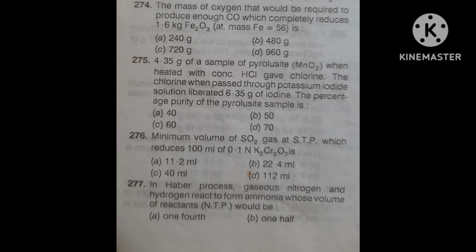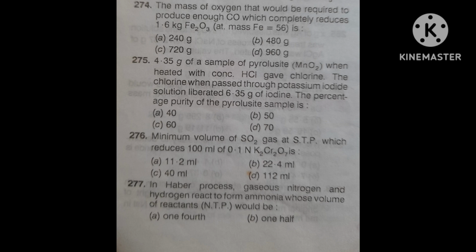Then first reaction you multiply by 3 and second reaction you multiply by 2. Then in both cases you will get 6CO. Then CO and CO will be cancelled out. Correct?